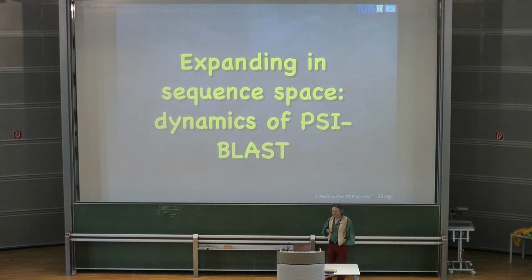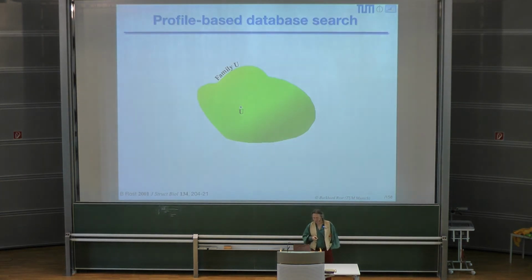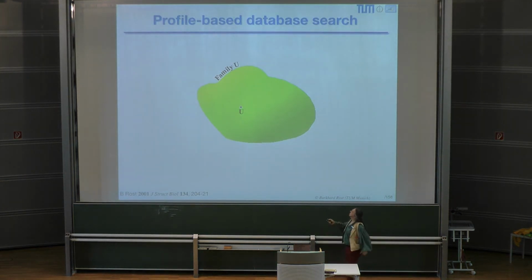Now, let's look at what we can reach with this approach. Let's just assume that we have a family U. And family is defined as everything that has a similar structure in this context. It could be a similar function. But just think about it as some definition that you can name. U is the unknown protein, the search protein.